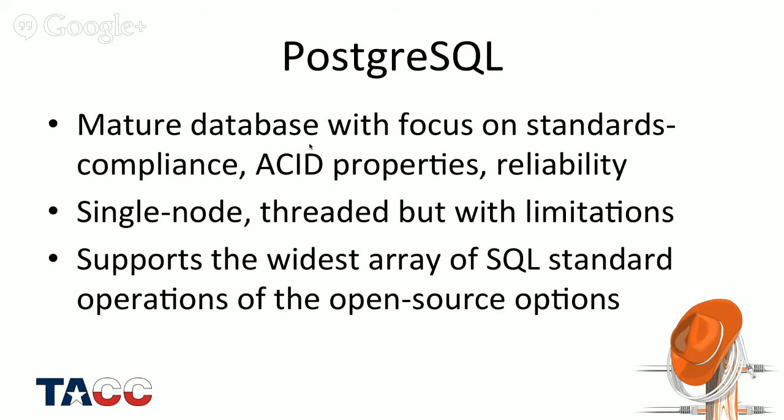It is focused on standards compliance, on these kinds of ACID properties increasingly, and on reliability. So they spend a lot of time in the Postgres development focusing on things like data consistency and the reliability of the process. The downside of that for a long time was that things like multi-threading were not supported. Performance wasn't necessarily the best of the options that were out there.